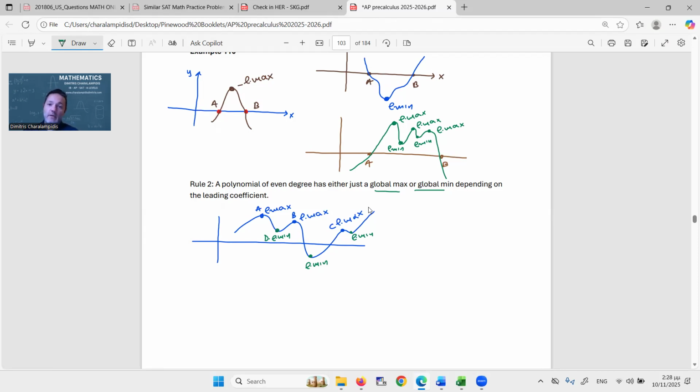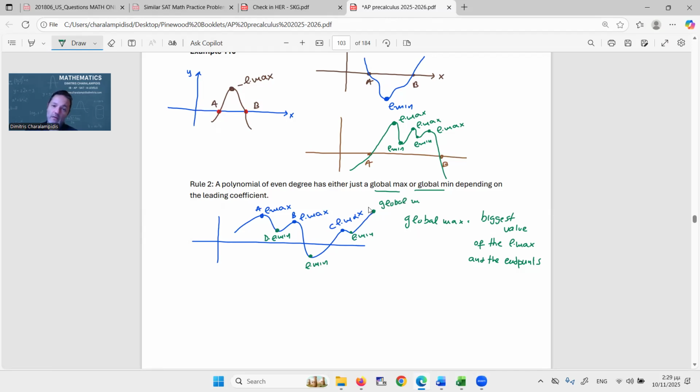However, the global max is the biggest value of the local max points and the endpoints. This means, for instance, that in this case, the global max would have been that right endpoint.